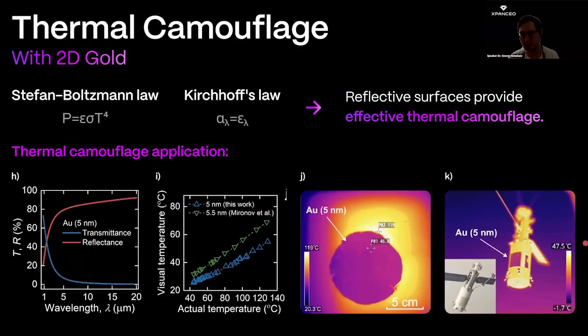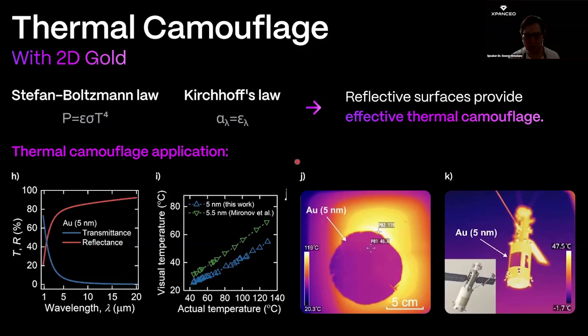For example, we covered a satellite with it, and you can see that indeed, if we cover it, it becomes more invisible to thermal radiation, and actually it emits less thermal energy, which is very nice for thermal management in space applications.